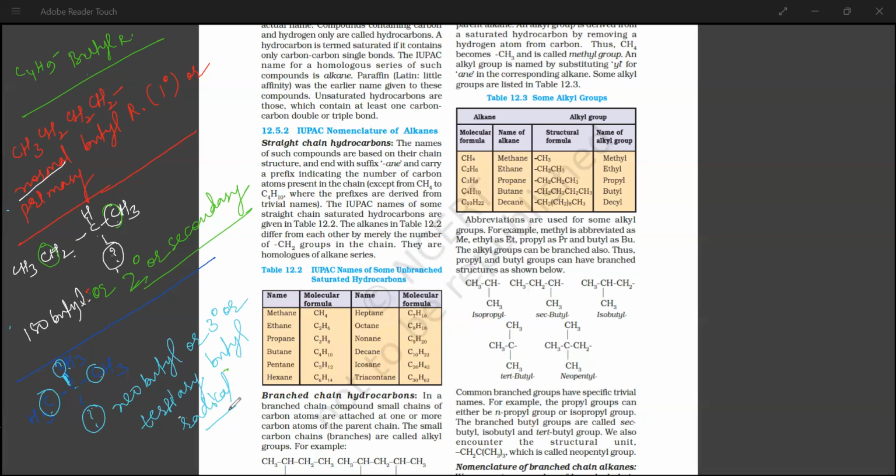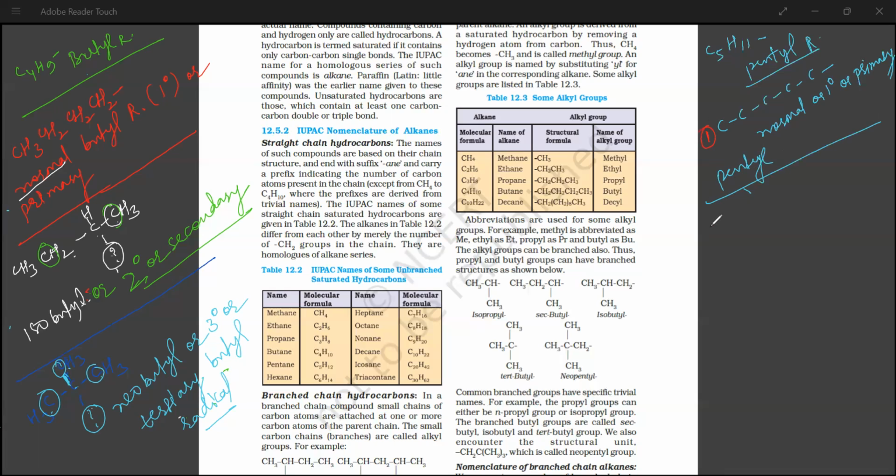Now see the pentyl. C5H11, that is pentyl. This pentyl radical can be like this. This is normal pentyl. This is normal or 1 degree or primary pentyl. Now see the second one. You can write it like this too.